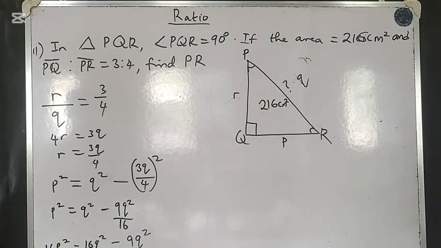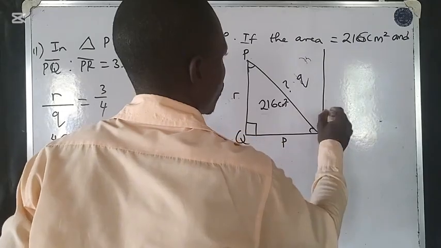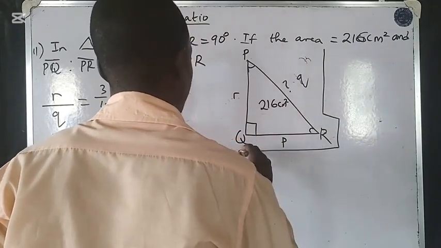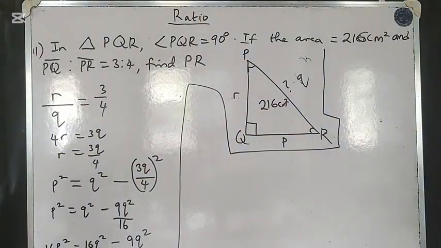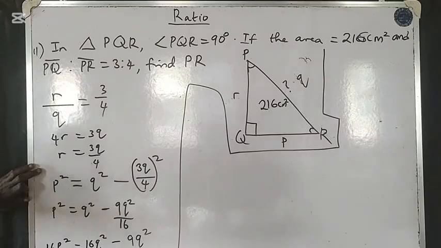At this point, what we do is factor out the q squared.